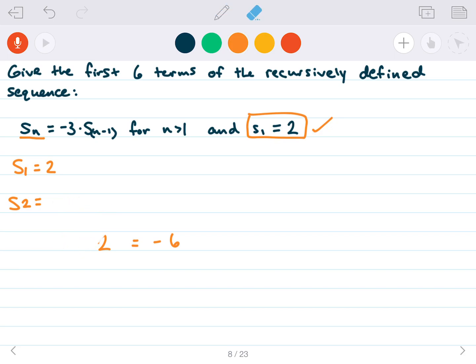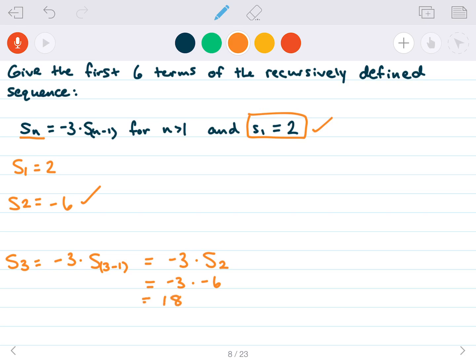Let's write it up here. Now we need to find S sub 3. So S sub 3 is going to be negative 3 times S of 3 minus 1, which is just S sub 2. So this is negative 3 times S sub 2, and S sub 2 we just found to be negative 6. So negative 3 times negative 6 is positive 18.